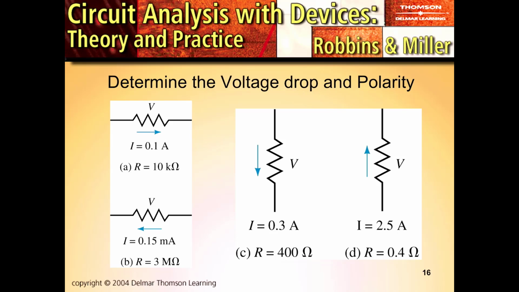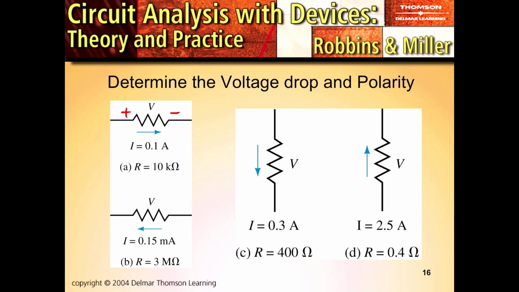Determine the voltage drop and polarity of this example. It's going to be both the values of current and resistance that determine the magnitude, and the direction of current that determines the polarity. Let's start with the polarity for the first one here. If we look at the direction of current, the polarity is going to result in plus, minus.